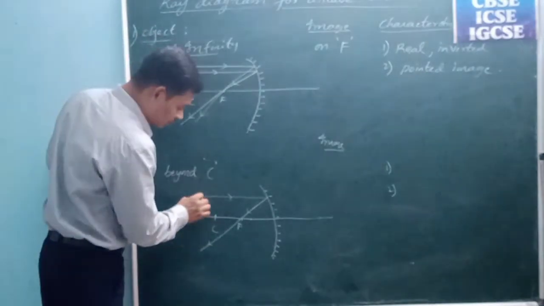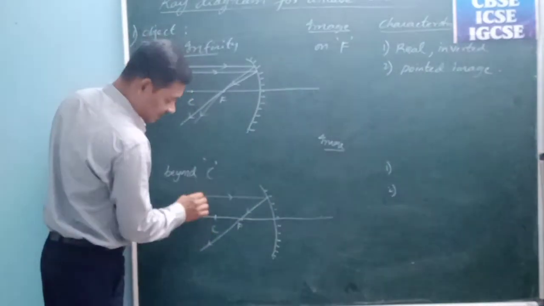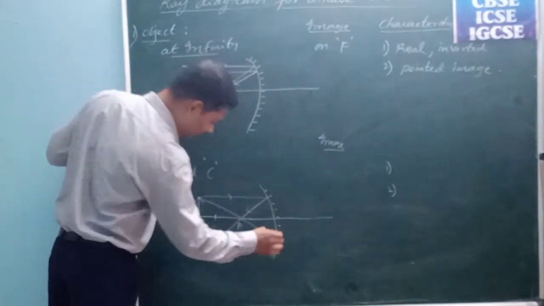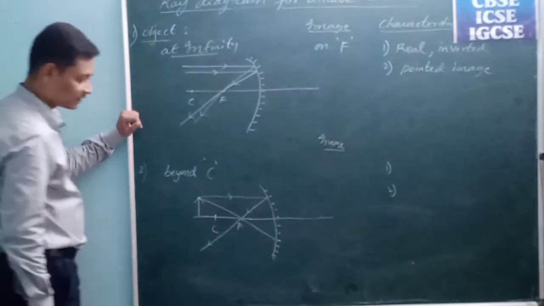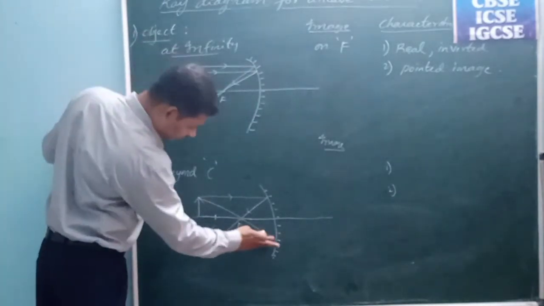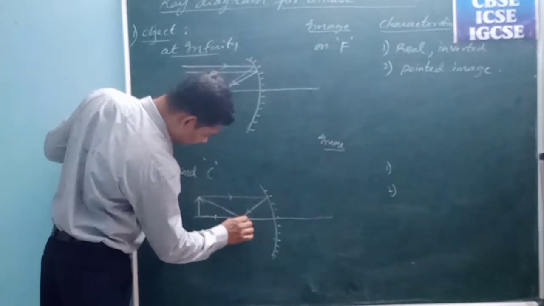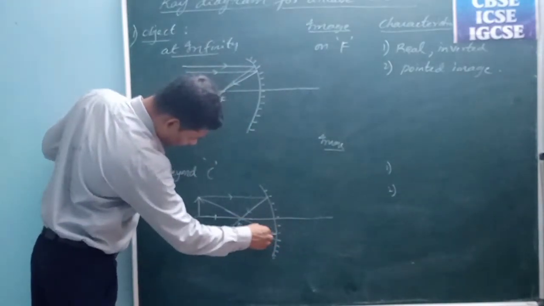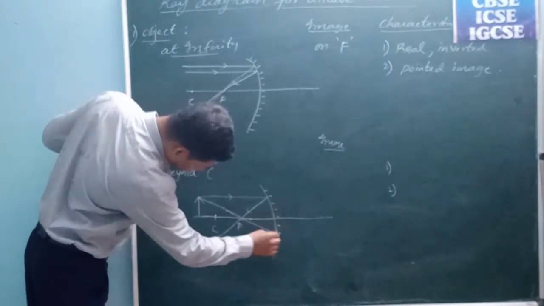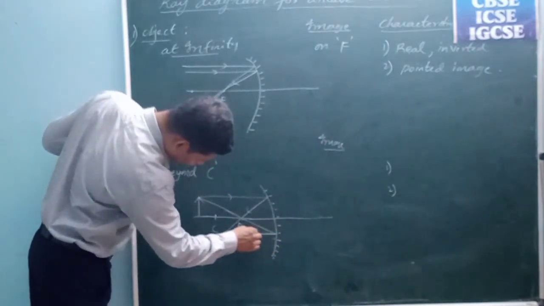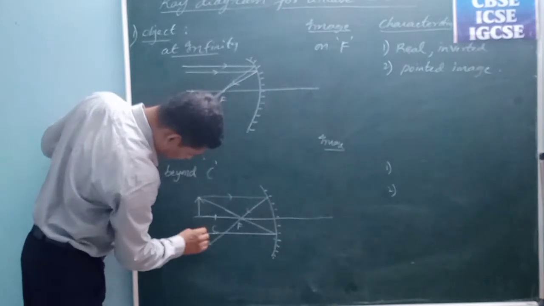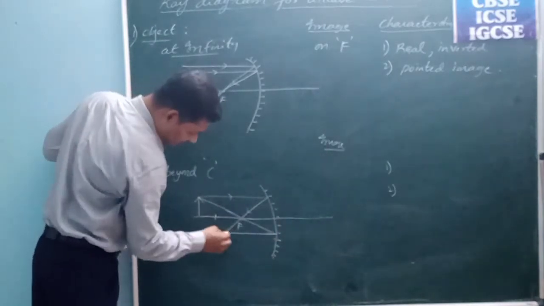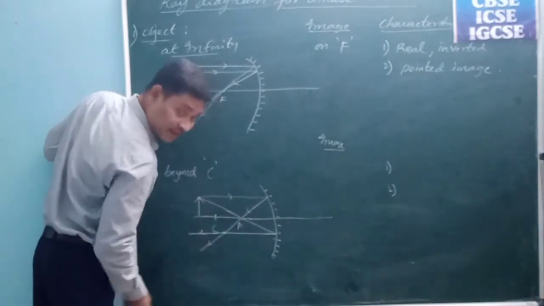Only 2 light rays: one is parallel to the principal axis and the other is passing through F. Here is a light ray passing through F, and after reflection it is parallel to the principal axis, and these two reflected rays are meeting at a point.